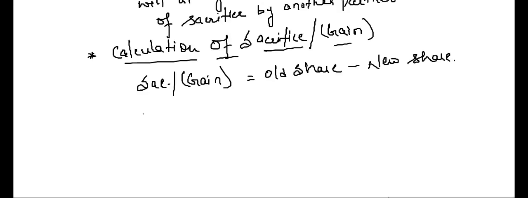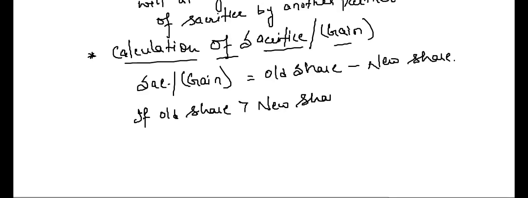Clear? Now, if old share is more than new share, right? Like in case of X, old share was 6 by 10 and new share was 5 by 10, then it is a sacrifice, right?